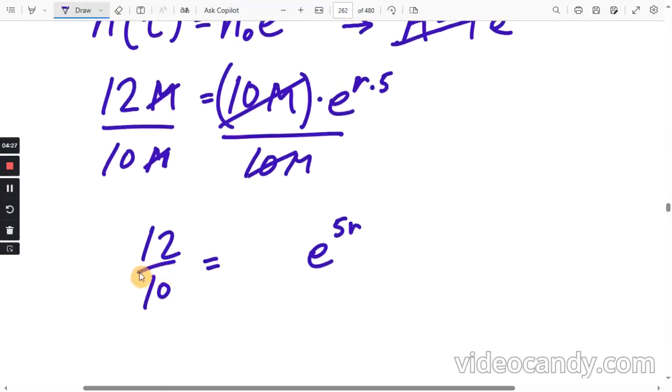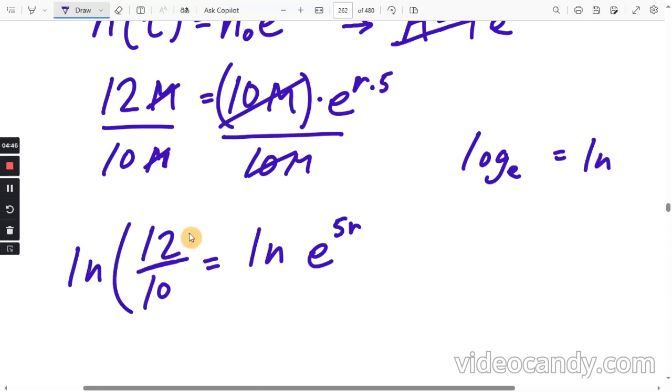Now, just like last time, in order to isolate that exponent, we want to take the log base e. And we already said the log base e is the same as natural log. So I'm going to do the natural log on both sides of the equal sign. On the right-hand side, the natural log and the e cancel.